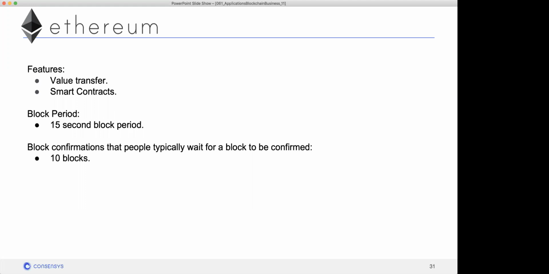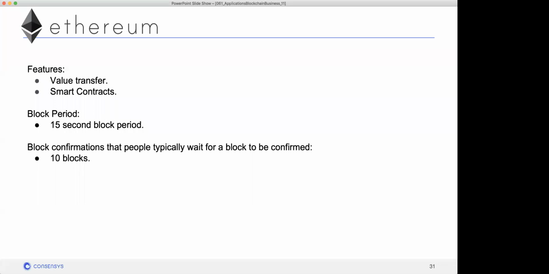You normally want to wait 15 seconds. Or rather, the 15 seconds is the block period, and you normally want to wait 10 of those blocks to be certain that a transaction is locked in. So that's about 2.5 minutes. So it's much better than Bitcoin's 1 hour, but it's still 2.5 minutes to be certain.